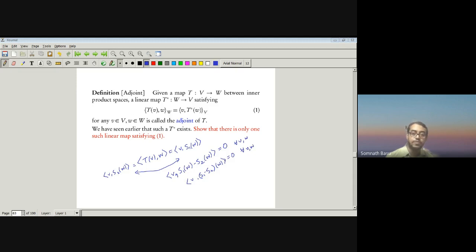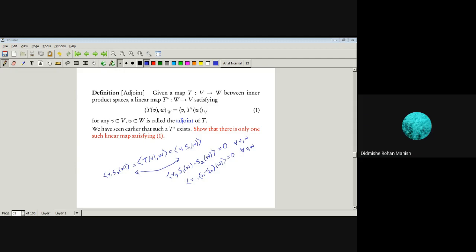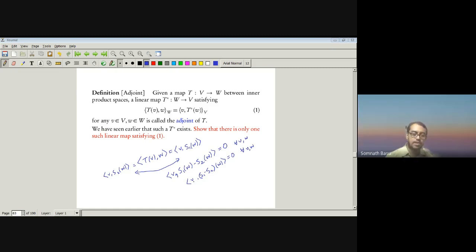This is for all v in capital V and all w in capital W. Since it is for all v, we can actually plug in v equal to (S1 minus S2)(w). It's the same trick that we used last time. If you plug in this, you conclude that the norm of (S1 minus S2)(w) is 0.